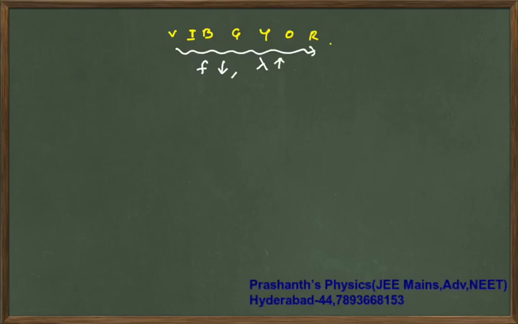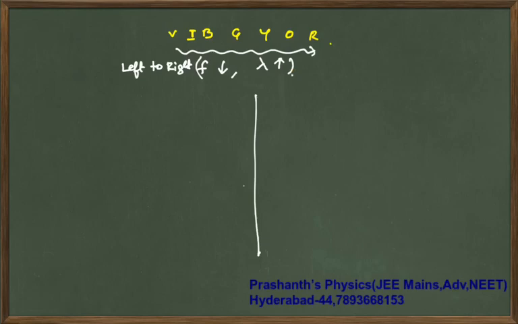From left to right, frequency will decrease and wavelength will increase. Why are you calling it redshift, I will tell you.